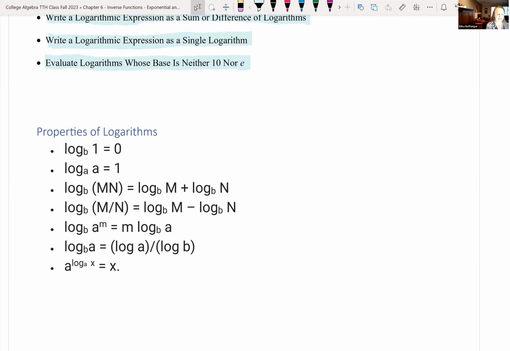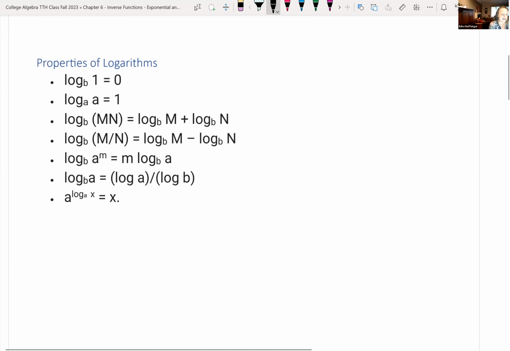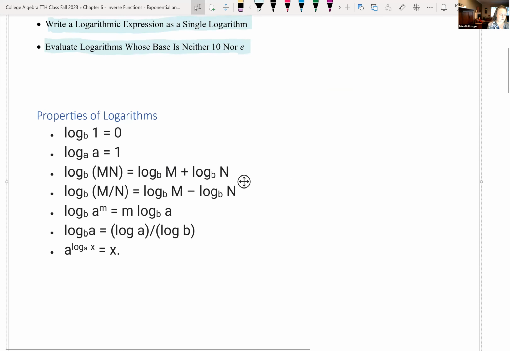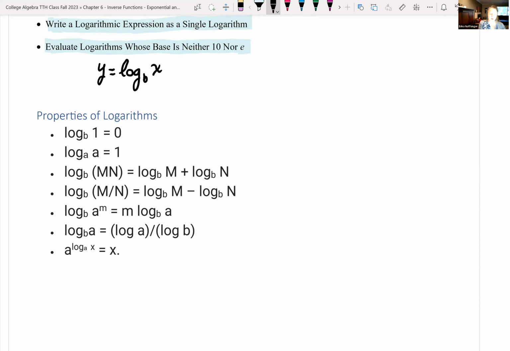So for instance, if you had y is equal to log base b of x, this is equivalent to writing it as the base of our log is the base of our exponential. This is if and only if b raised to the y power is equal to x.